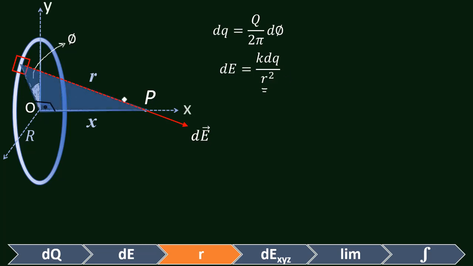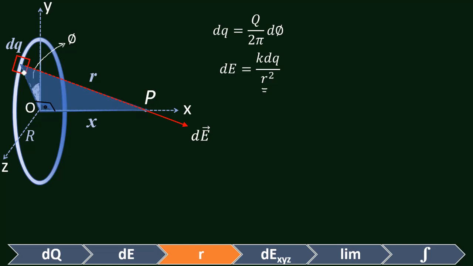Well, we're going to use this triangle to define r. As you can see, this x-axis is perpendicular to the yz plane, hence it's perpendicular to the plane of the ring. So this triangle is formed between this x-axis, the line joining dq to the center of the ring, and r.